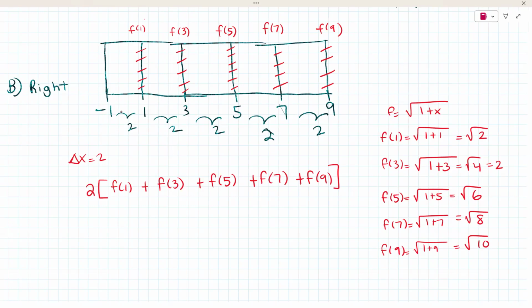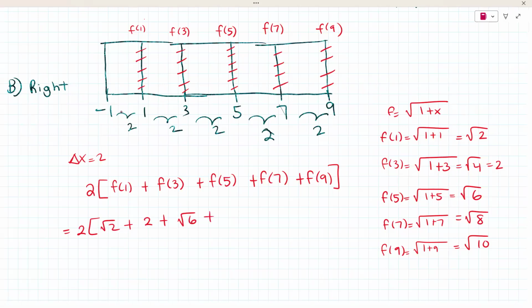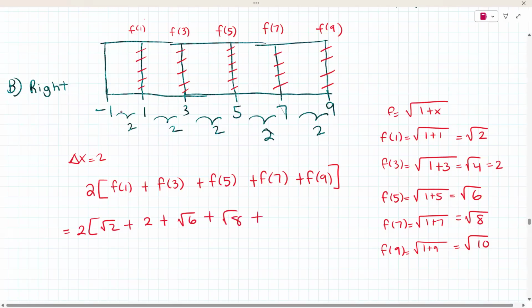Okay, and then so now what we're going to do is plug it in. So f of 1 is radical 2, f of 3 is 2, f of 5 is radical 6, f of 7 is radical 8, and then f of 9 is radical 10.